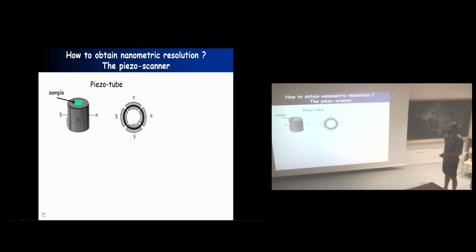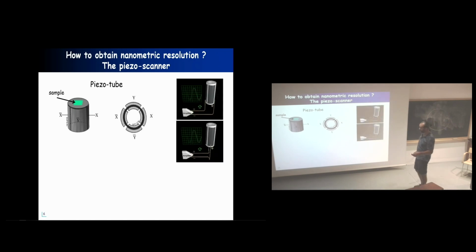So we have a material, how to make a piezo scanner, a real one. The easiest way is to shape your piezoelectric in the form of a hollow tube. And then you put your sample on the top. You will understand why later on. On this hollow piezo tube, you deposit four pairs of electrodes, X and X bar, Y and Y bar.